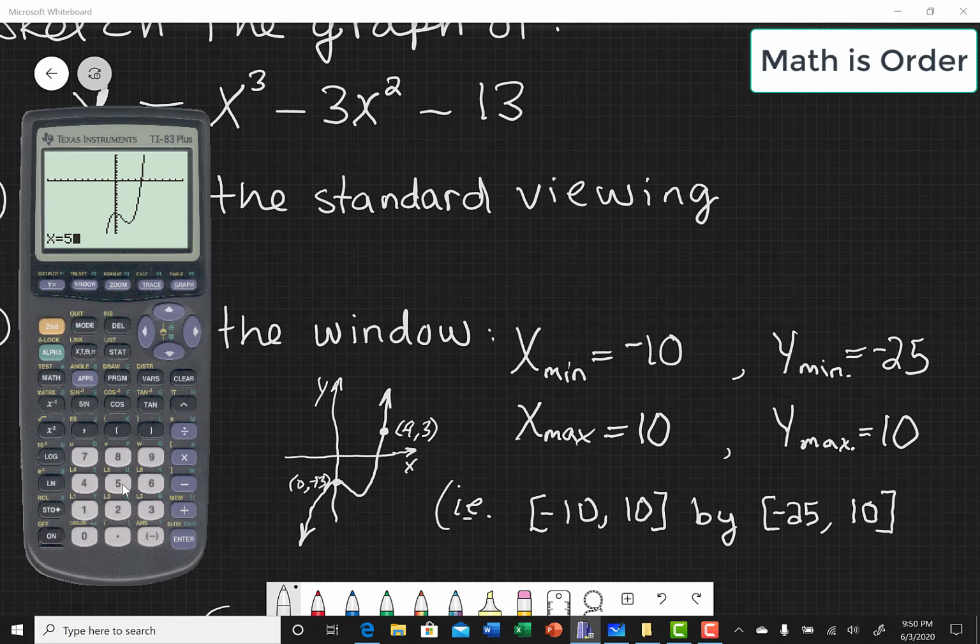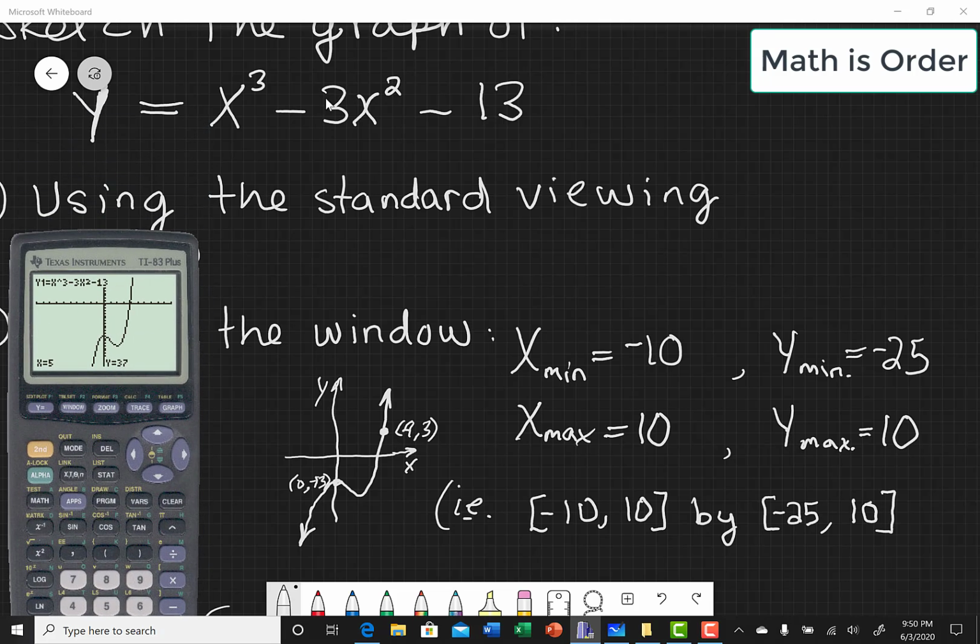Say I type in 5, enter, and it'll give me a corresponding y value: when x is 5, y is 37. All right, so the calculator is a very powerful tool, and you can use it to graph equations.